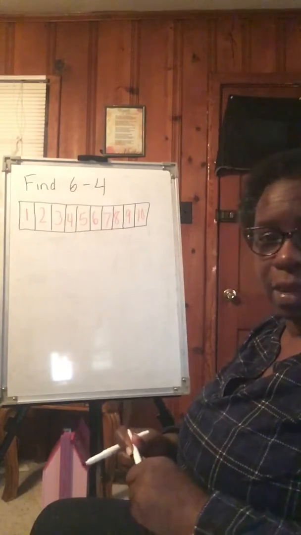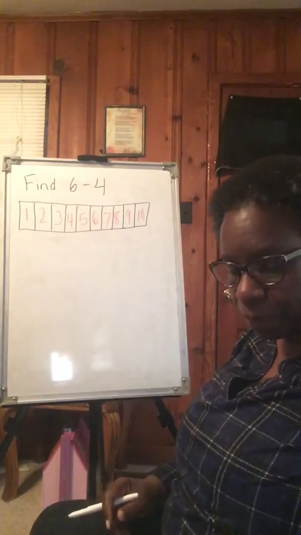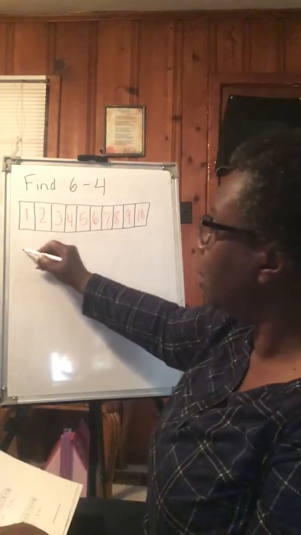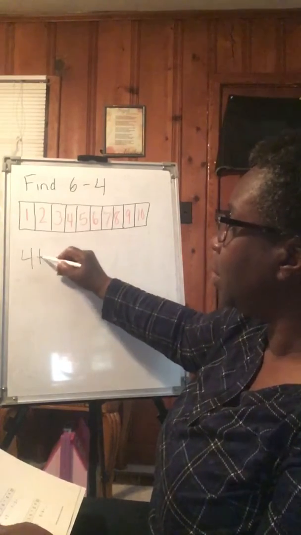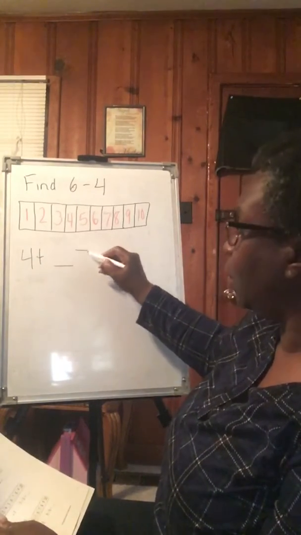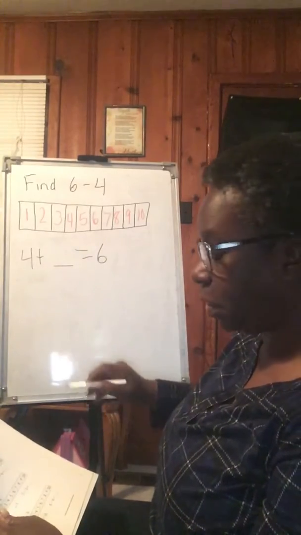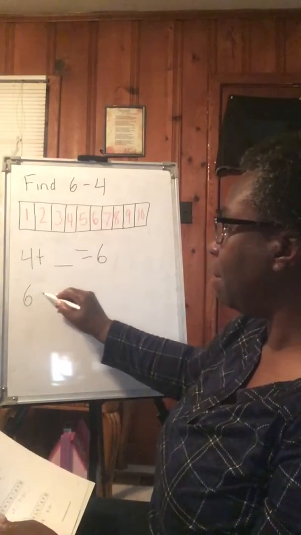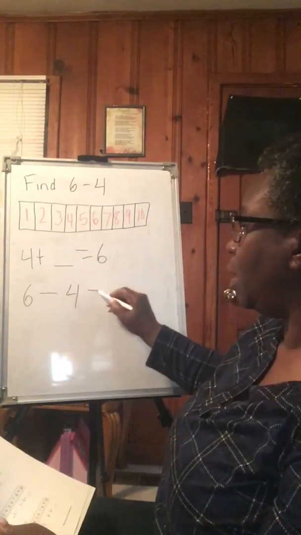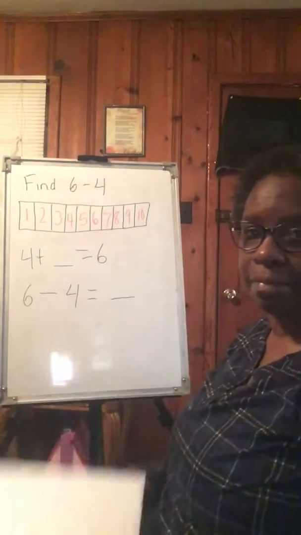So we have 10 numbers in our 10 frame. And our problem is 4 plus what equals 6? We got to find out what that blank is. 6 minus 4 equals what?